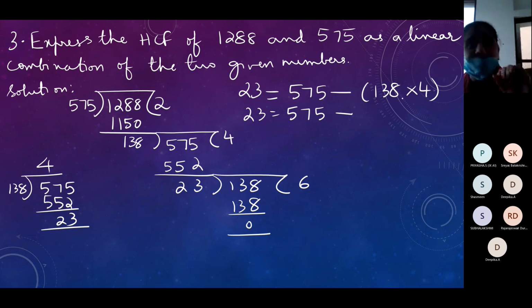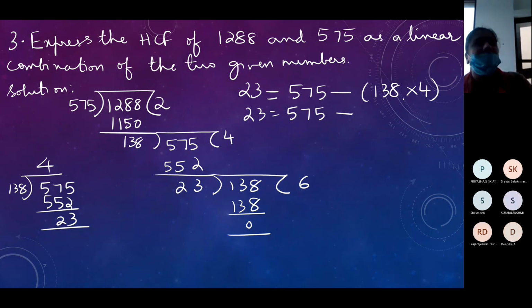Now, among these three numbers, 575, 138 and 4, which is the remainder? 138 is the remainder. Use the same rule there. So minus, for 138, you're going to write something into 4. Put that 4 outside. You're going to keep replacing the remainder with the division algorithm.